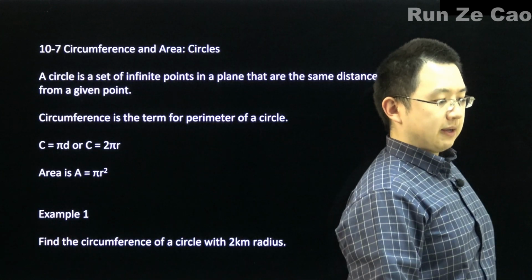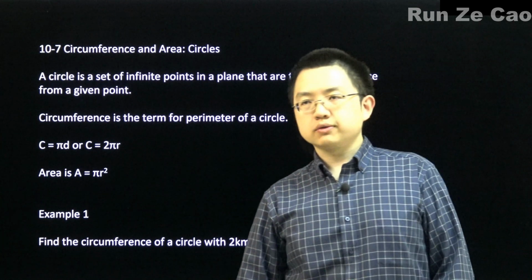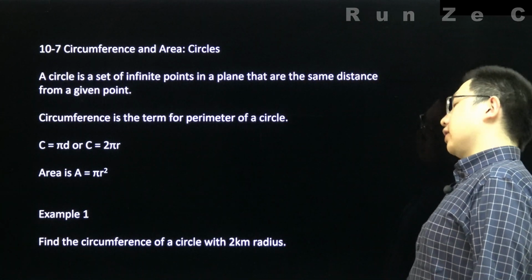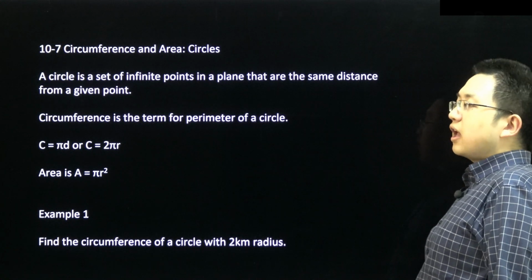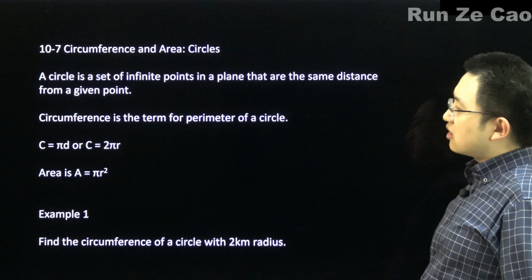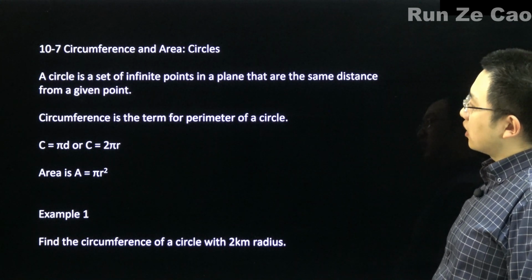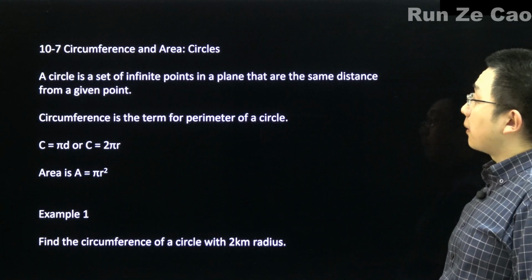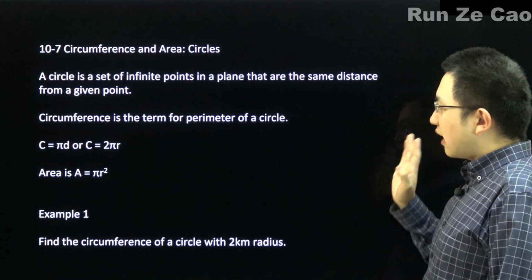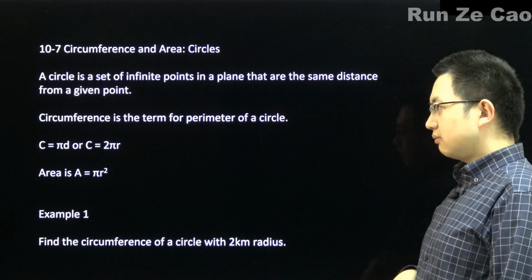All right, let's talk a bit about circles. Circles, they are not polygons. Even if they could, in a sense, be considered infinite-sided polygons, we don't consider them polygons for our purposes. They're a set of infinite points in a plane that are the same distance from a given point.